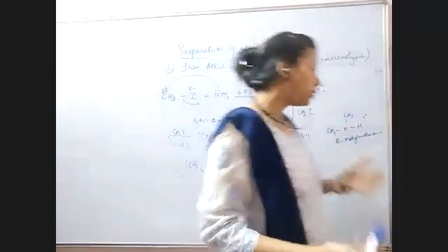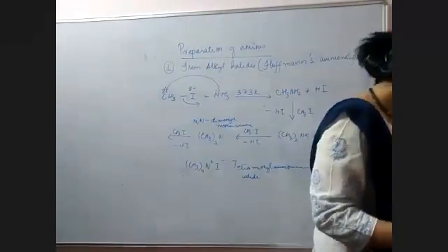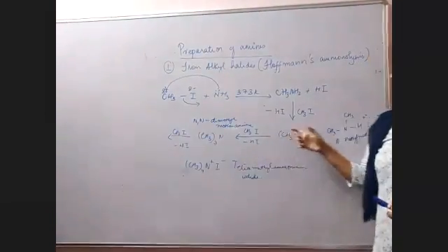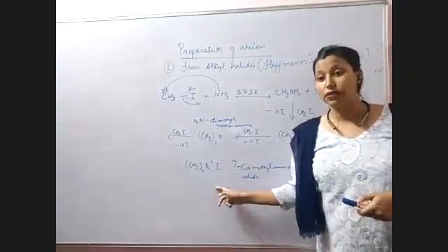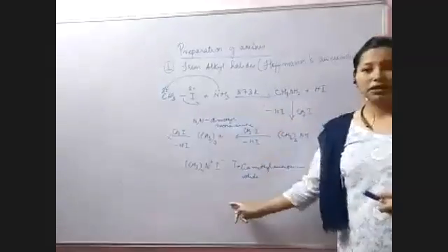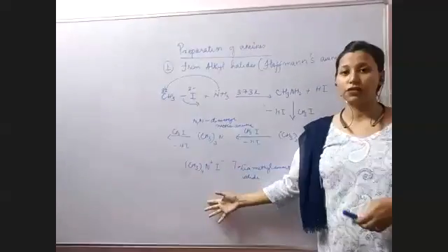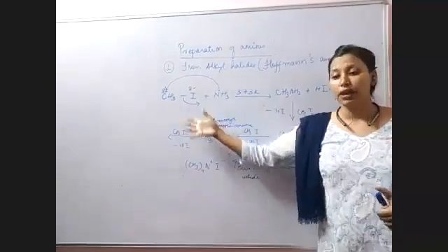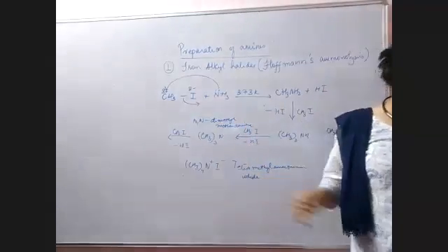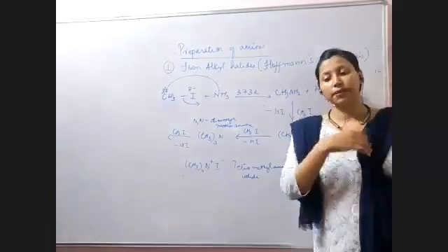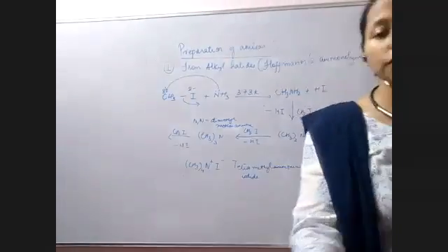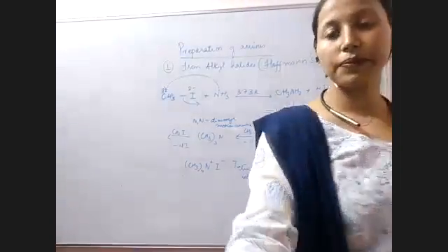Now, Hoffman's ammonolysis comes with a limitation. You see, you are getting primary, secondary, tertiary, and quaternary salt also. Do you think their separation will be easy? No. So this is the biggest limitation of Hoffman's ammonolysis: a mixture of products is obtained, which is difficult to separate.